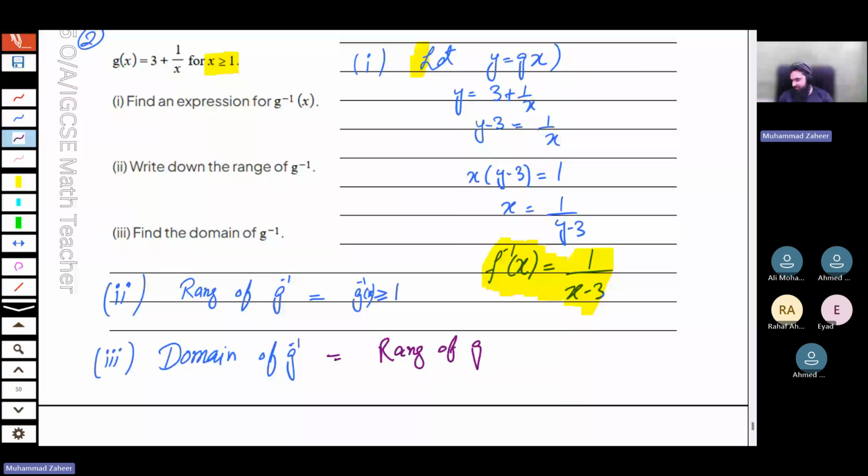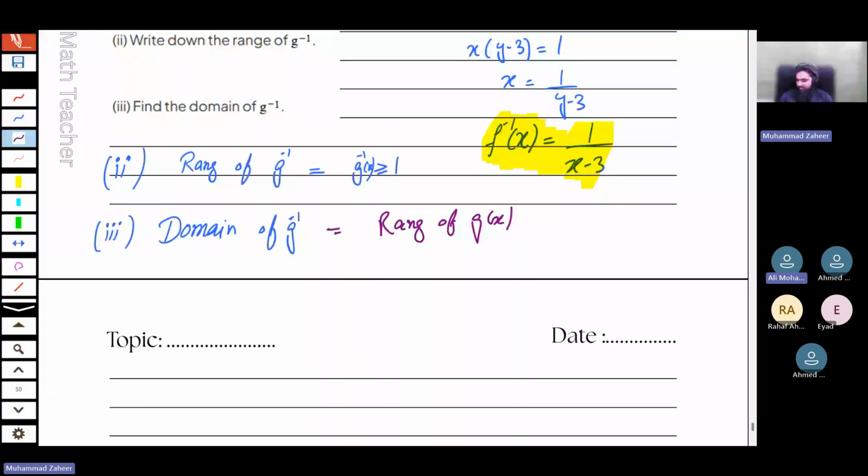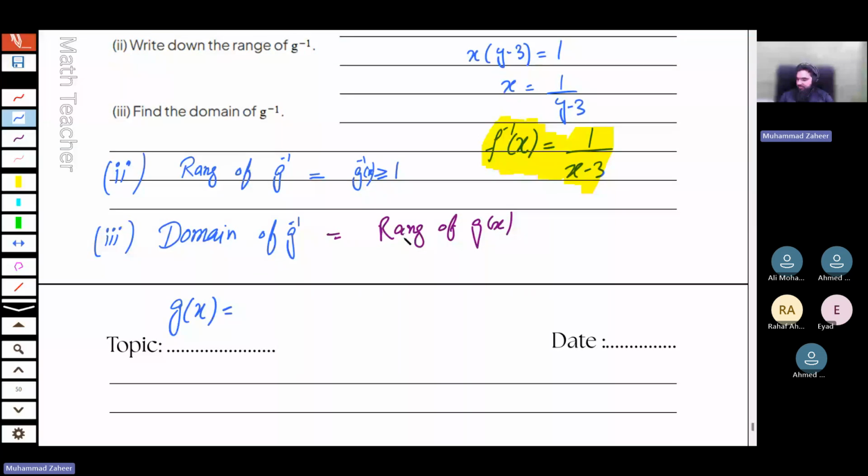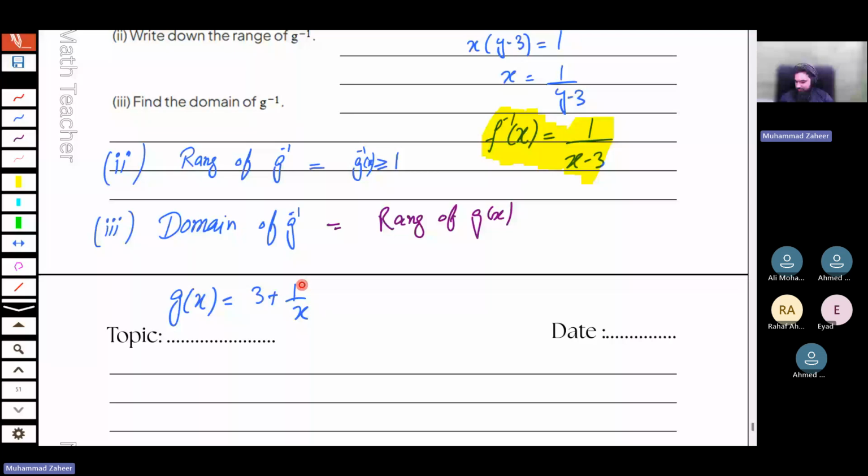Now tell me, what is the range of g of x? g of x is equal to 3 plus 1 over x. In 1 over x, the value is going to be greater than 0 because the answer can never be 0, and the maximum value will be 1.